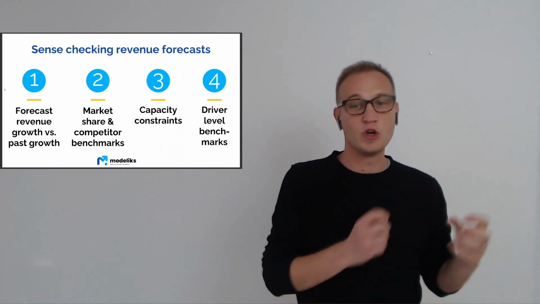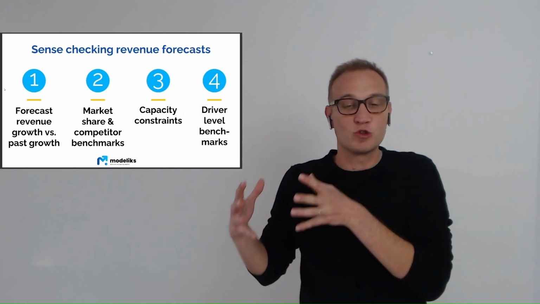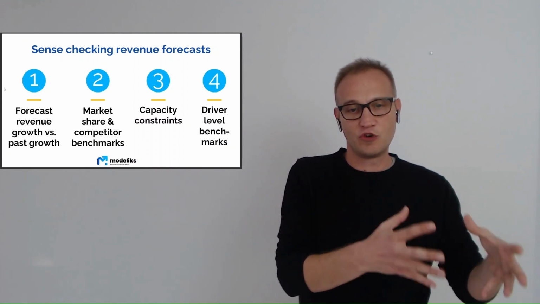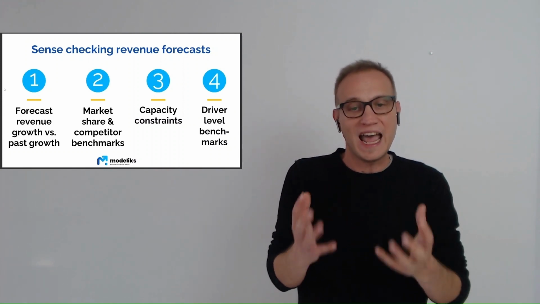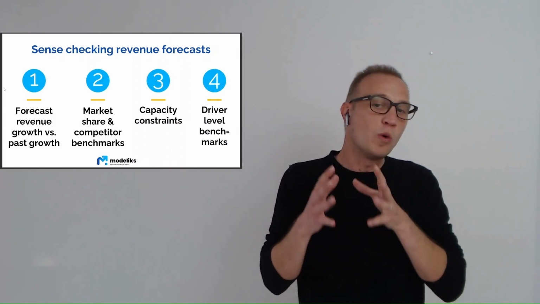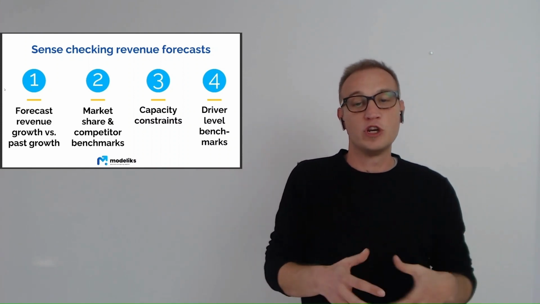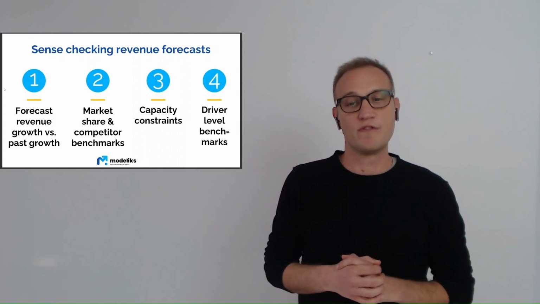Number three, you should check for any capacity constraints that you might have not taken into consideration. Again, just to remind you, if your business is a business that can constrain your revenue generation based on the total capacity that your business has, like a hotel, number of hotel rooms or number of tables in a restaurant, you should always sense check that your capacity doesn't constrain your revenue and you have overestimated your revenues.